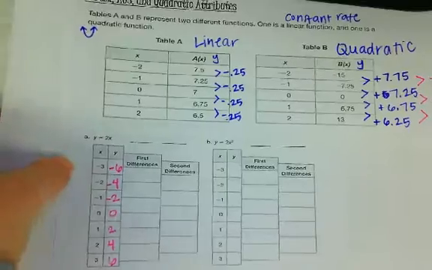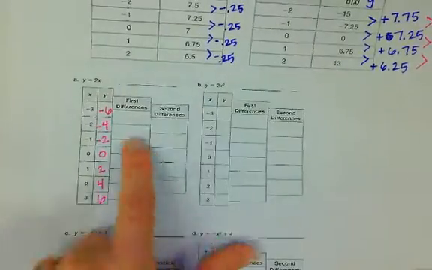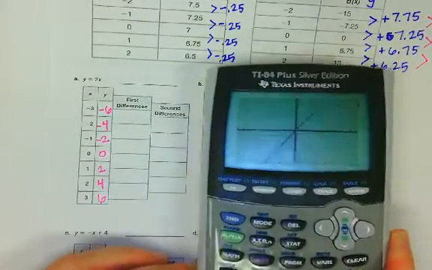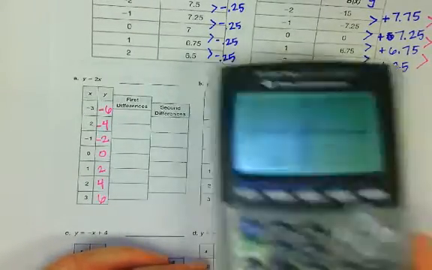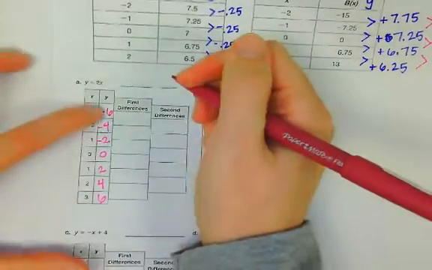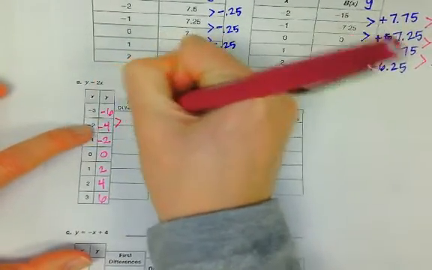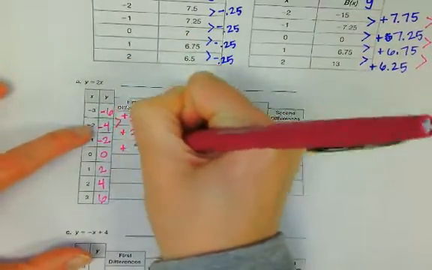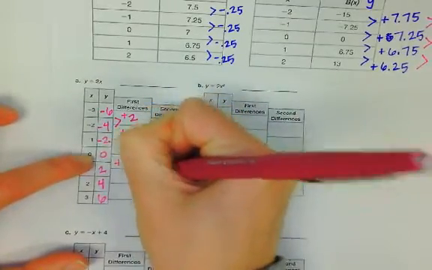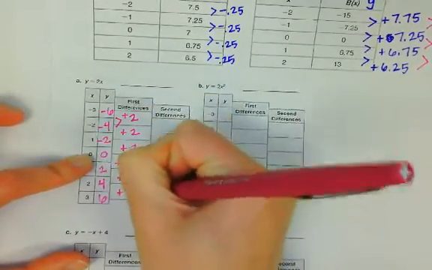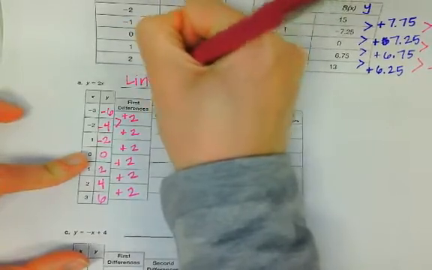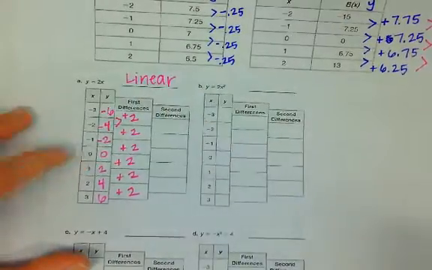And then if this is linear, which we know that it is from its equation, or I could have clicked on the graph button, straight line. So what I'm going to see here is that all the first differences, this is adding 2, adding 2, adding 2 for all of my y values. So I don't need to do a second difference because I saw it had a constant rate of change.